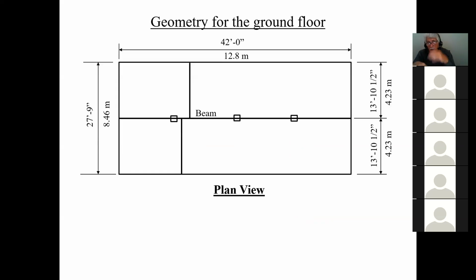And if I see that I can't get away with a 6 ply maximum, I wouldn't go over 6 plies. If I still want to make it out of wood, there are parallams and all kinds of other engineered beams that you can use. And if ultimately that doesn't work, I would probably use a steel beam, okay?